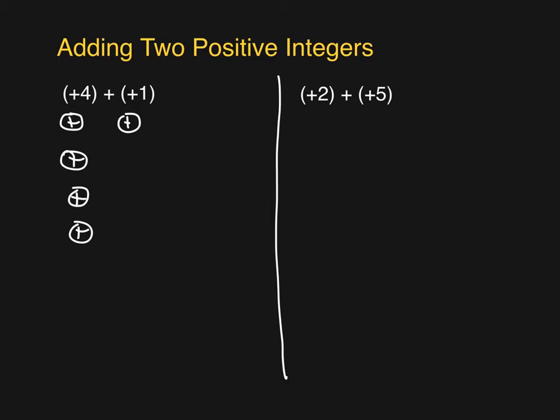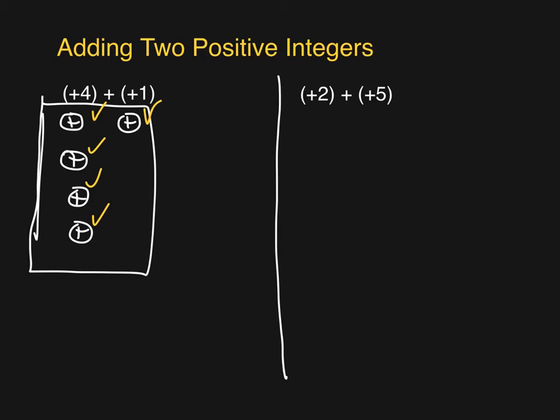Because they're all the same, I can simply box them all in, and I count them up. I'm going to have 1, 2, 3, 4, 5 positive chips, so therefore the answer is positive 5.